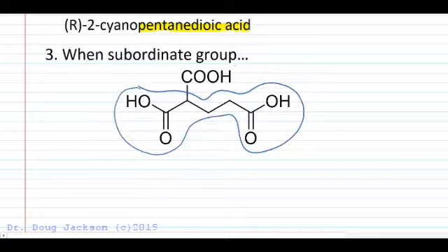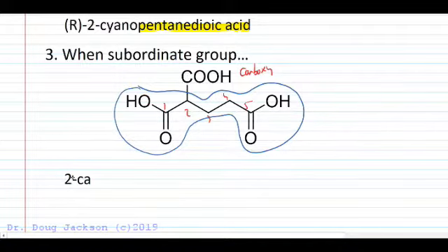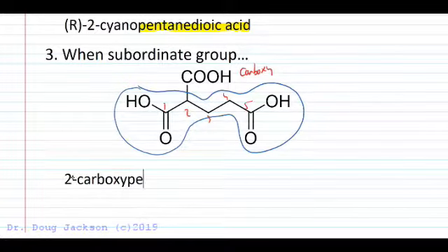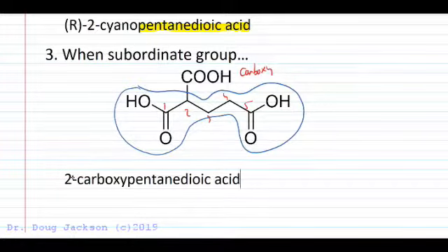And we can call this a carboxy group. And so with a 1, 2, 3, 4, and 5, no chirality shown, we would have a 2-carboxypentanedioic acid. Okay, and that is again the old way of naming these tricarboxylic acids and above.